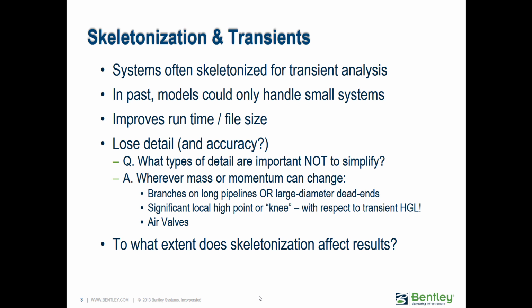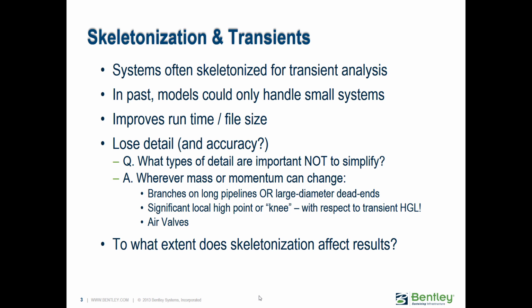Also, some things you will want to make sure you don't simplify out or remove in the process of skeletonizing the model: any significant elevations. If you have a local high point, a knee like we saw in the workshop model, those really are important to include because vapor pockets could be a concern.